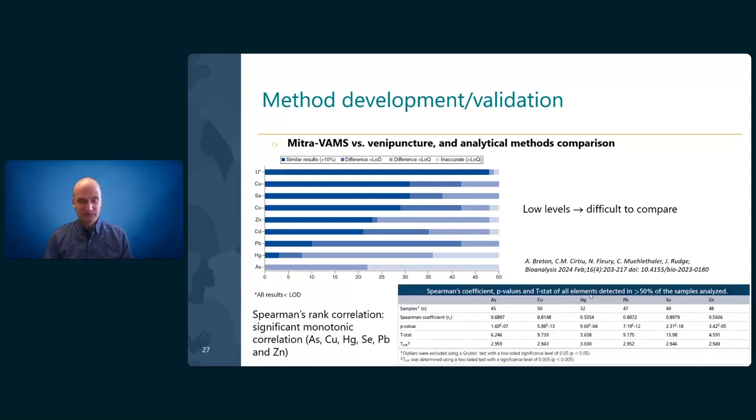But for that comparison, we pushed the study forward and used the Spearman rank correlation for the 6 elements where the detection rate was higher than 50%. We got a significant monotonic correlation for arsenic, copper, mercury, selenium, lead, and zinc, and this is very promising.